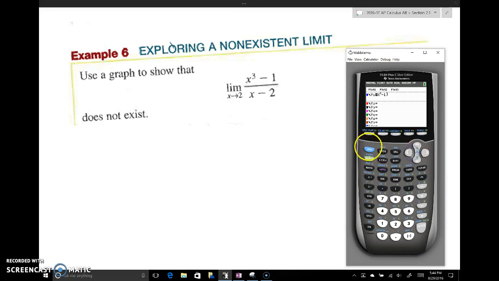Make sure we get the whole thing in parentheses here. Divided by x minus 2. And probably want to change to zoom trig here, so we'll do that real quick.